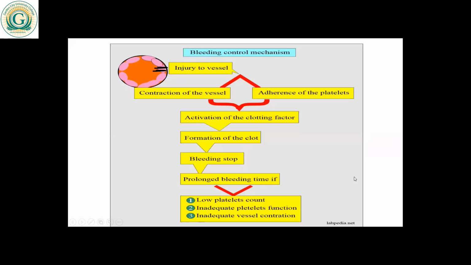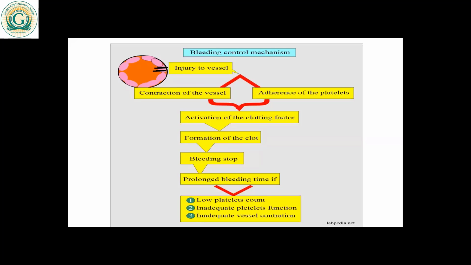Now, we have the bleeding control mechanism. This mechanism is what I've explained, but let's look at it in a flow chart. There's an injury to a vessel. Then we have constriction of the vessel.